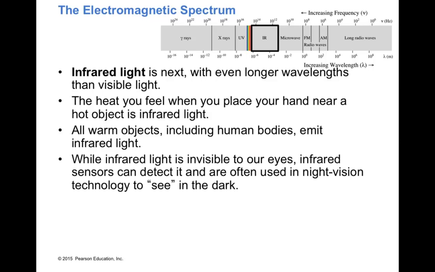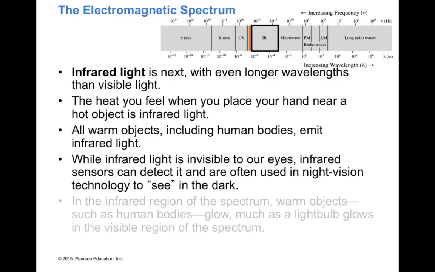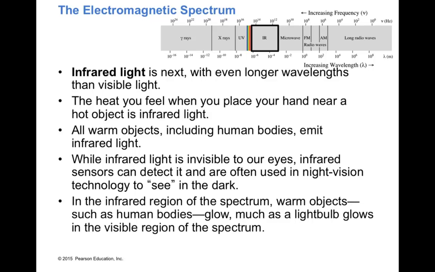So while infrared light is invisible to our eyes, infrared sensors can detect it and are often used in night vision technology to see in the dark. In the infrared region of the spectrum, warm objects such as human bodies glow much as a light bulb glows in the visible region of the spectrum.